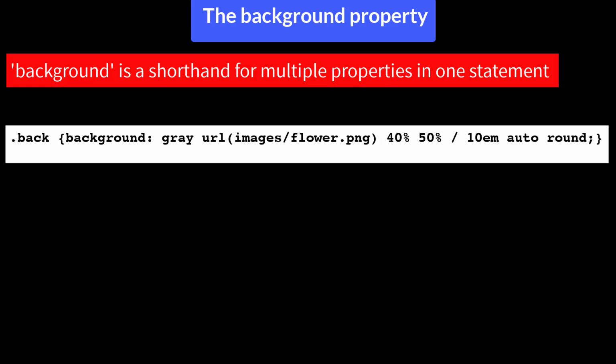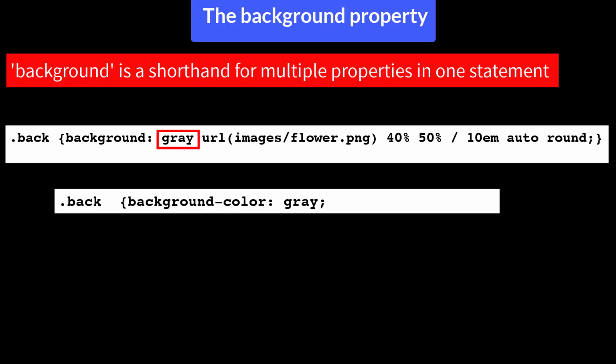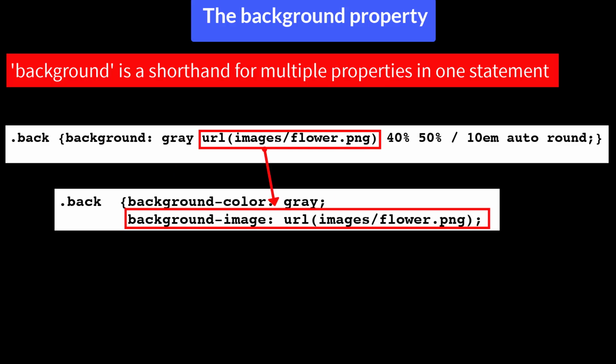Now, the browser recognizes gray as a color, so you obviously mean background color gray. Then the URL is clearly a pointer to an image, so you must mean background image, URL images/flower.png.